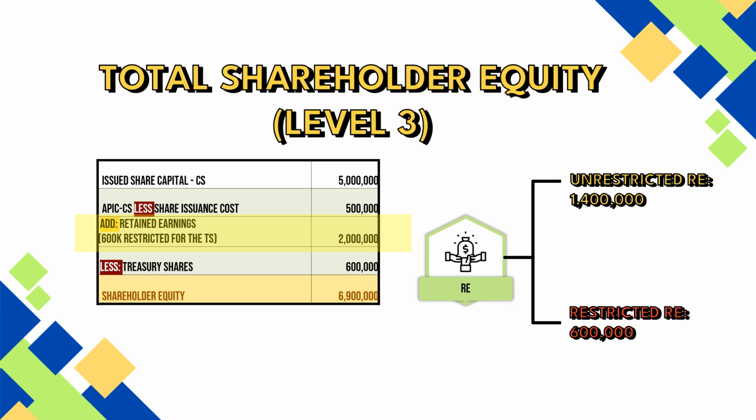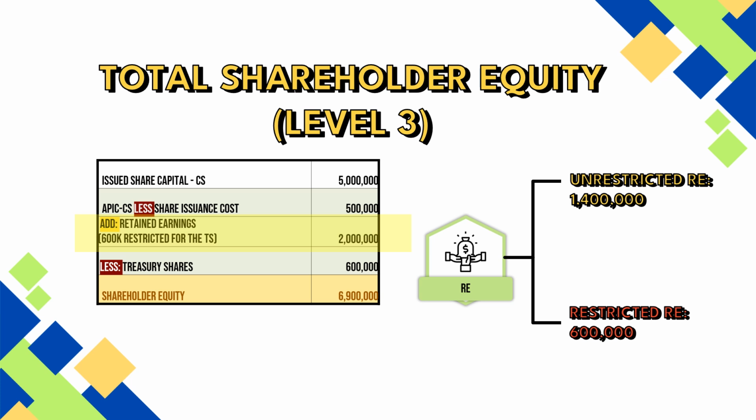So the idea lang here is that, step 1, or again, major concept number 1, you can only buy treasury shares up to the amount of your unrestricted retained earnings. In period 0, before you bought the treasury shares, meron kang retained earnings of 2 million. So yung max amount of treasury shares that you can buy is 2 million. In that particular period, you got 600,000.